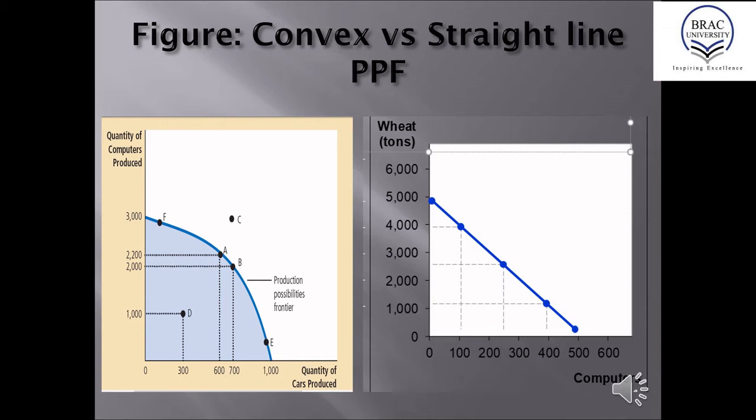So in this PPF, if you calculate, you will find that at each and every point the slope is constantly the same, and here the slope would always be 100.